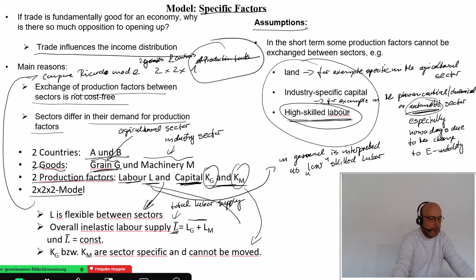The reason for this was that this is compatible with zero profits in optimum, and zero profits in optimum depends on fully competitive markets. So this is the theoretical part behind our modeling.